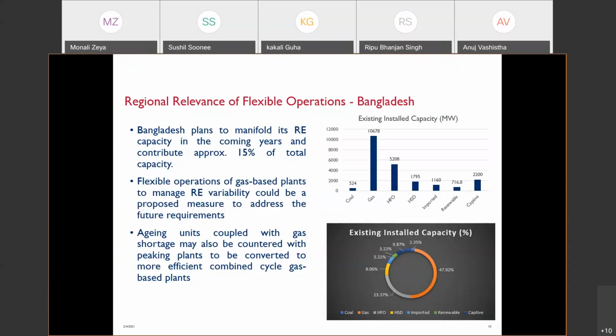If I look at Bangladesh, a lot of it is gas-based capacity, close to 50%, but the country has ambitious plans to install RE capacities, and integrating these would certainly require flexible operations of its gas-based plants. We all know gas-based plants are flexible in nature by virtue of their adaptability, but it would be necessary to look at the aging of units, the availability of gas, and so on.